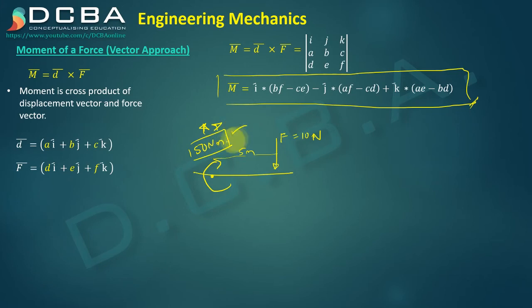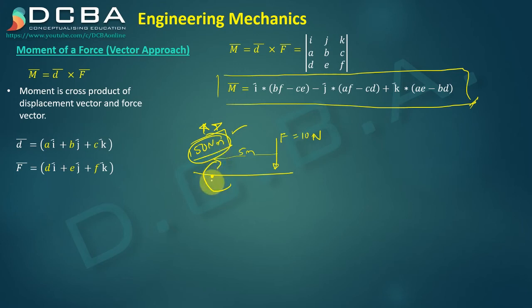Along with the value, what is important is the axis of the rotation, that is, along which axis I am getting this value. Anything that rotates is going to definitely have an axis, so the rotational effect of the force is also going to have an axis.